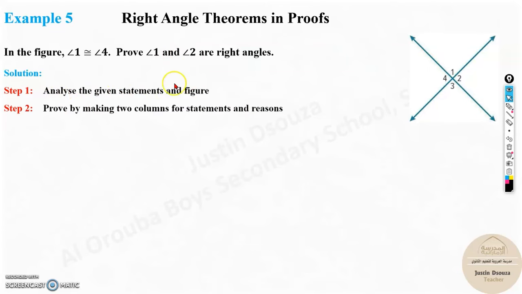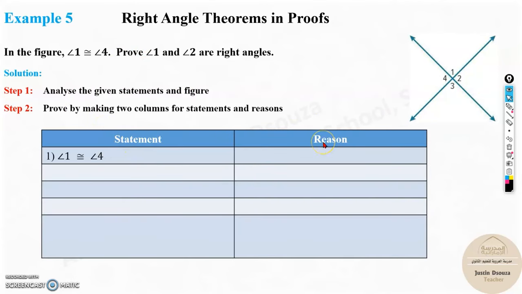First, we need to analyze the given statements and understand the figure. And then we have to make the two-column proof, statement and reason. Now the first given, that is angle 1 is congruent to angle 4, that is given. Now over here 2 and 4 are vertical angles, so we can use the vertical angles theorem and say that 2 and 4 are equal.